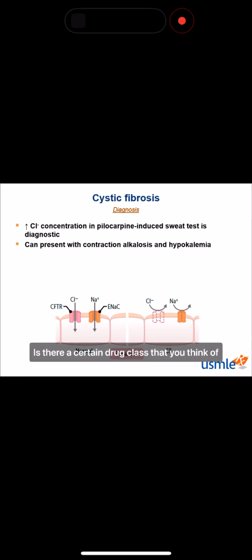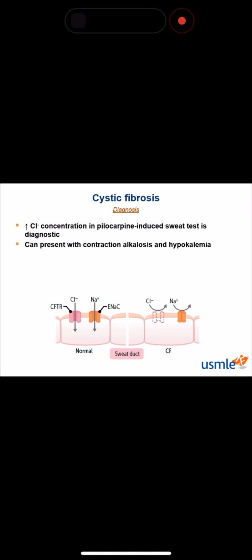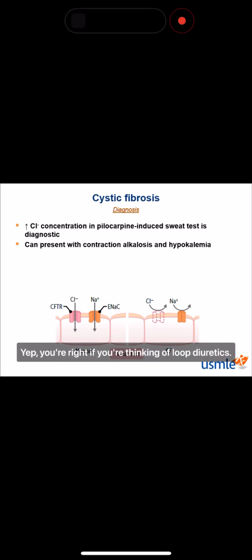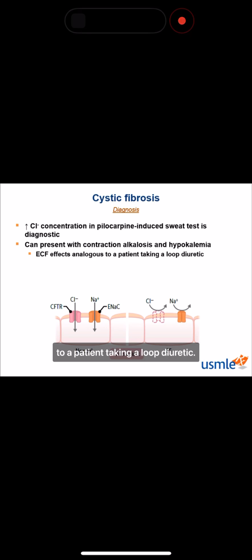Is there a certain drug class that you think of when you hear hypokalemia and alkalosis? Yep, you're right if you're thinking of loop diuretics. The extracellular fluid effects are analogous to a patient taking a loop diuretic. Remember, loop diuretics like furosemide inhibit the cotransport in the loop of Henle of sodium, potassium, and chloride.